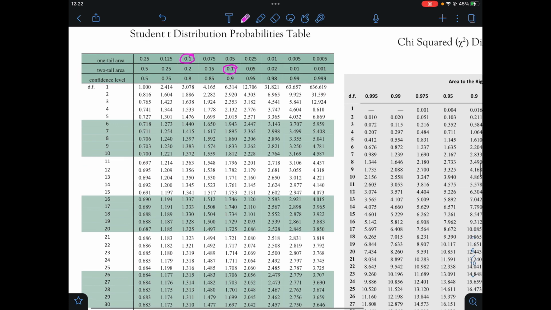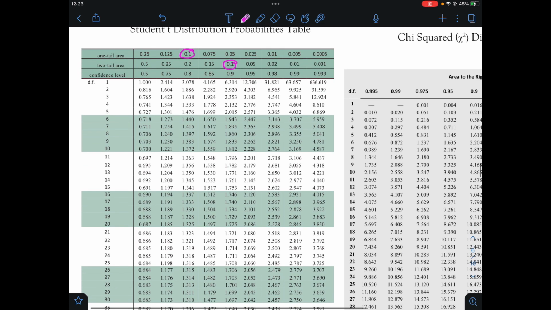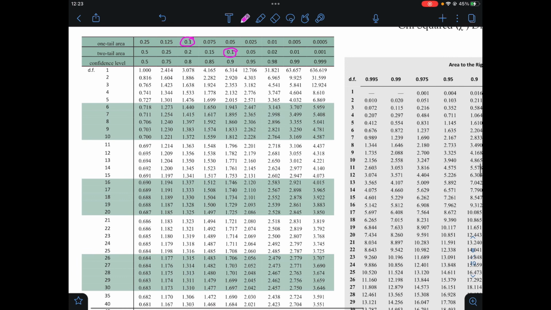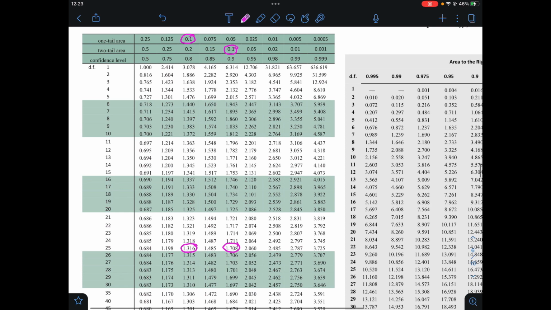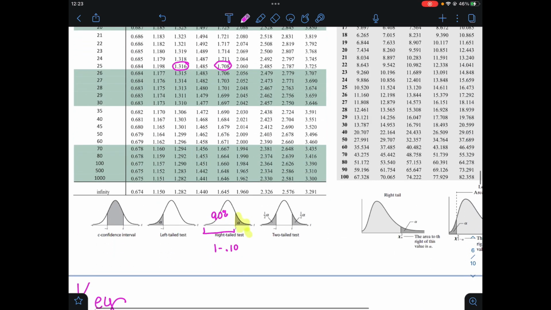When we look down and try to find a degree of freedom of 25, we would have either here or here. So let's see what makes sense. When we think about one tail area, it's saying the right tail is 0.10. So that means we are looking at this whole right section being 0.10.